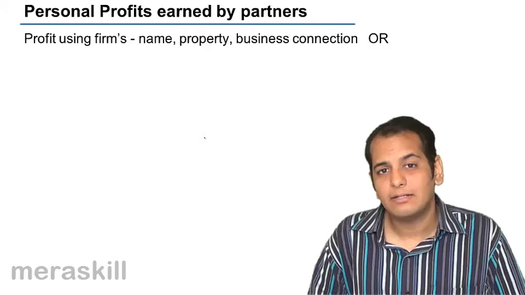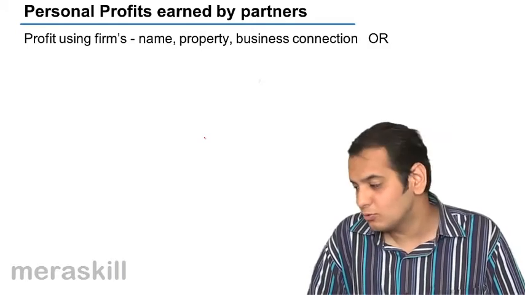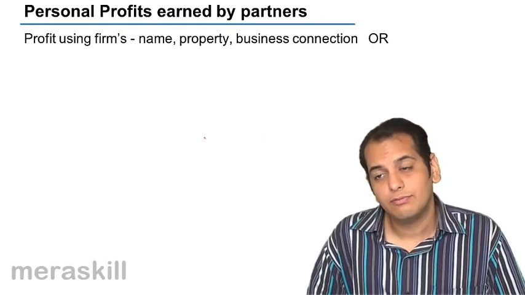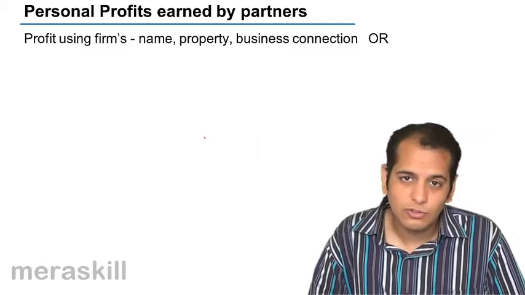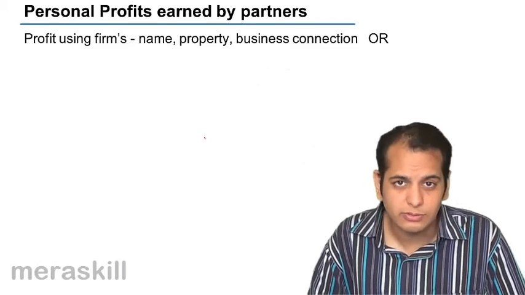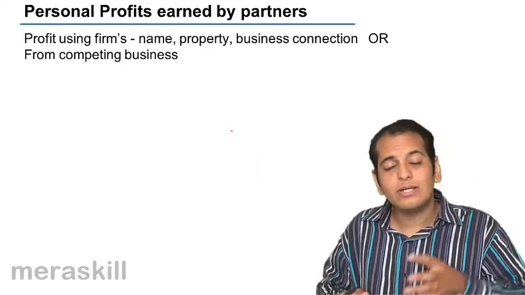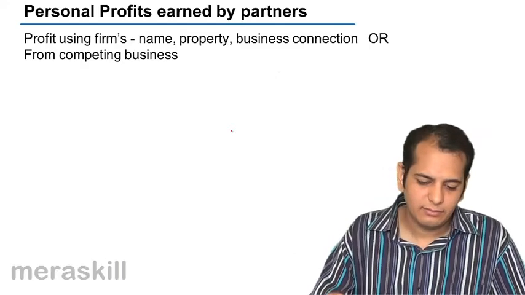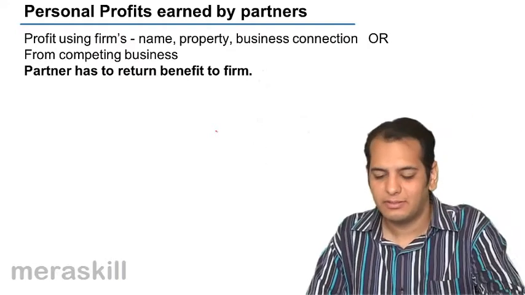Or if a partner is using the firm's office to do his own business. Or if a partner is using the firm's contacts, using the firm's creditors or debtors to do his own business, or he's doing a competing business with the firm, then the partner has to return the benefit to the firm.